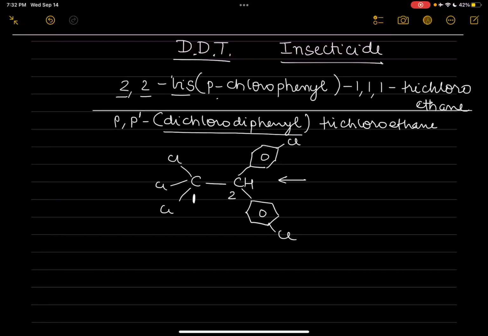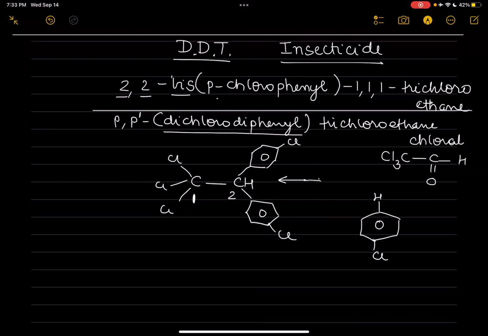It is prepared by heating chloral with 2 moles of chlorobenzene, and H2O is removed.